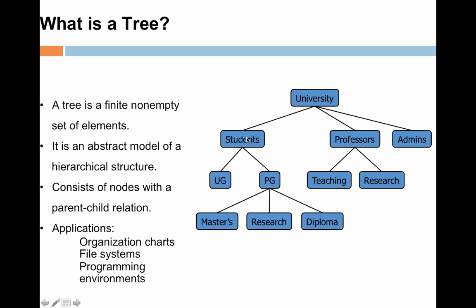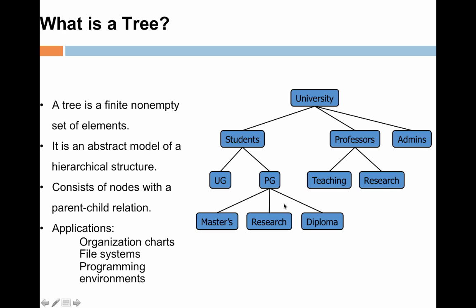Students are of two kinds, undergraduate students and postgraduate students. And postgraduate students are of three kinds: students who are studying for a postgraduate diploma, students who are engaged in postgraduate research, and students who are obtaining a master's degree from a postgraduate study. Professors are also further classified into two kinds of people using the concepts of teaching professors and research professors.